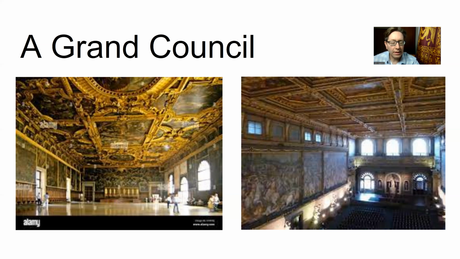On the right, you see Florence, Italy, with the council chamber of 500. They actually had 1,500 members, but they would rotate 500 every 6 months, I believe. And so that would be their democratic element.